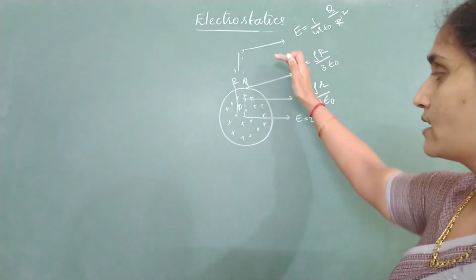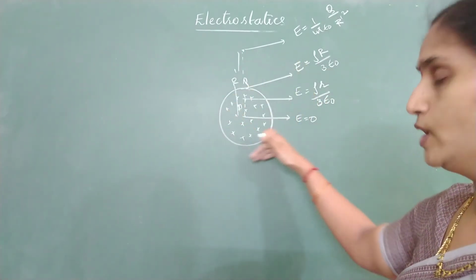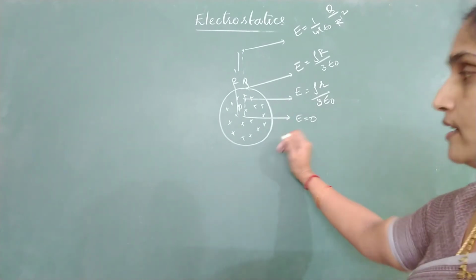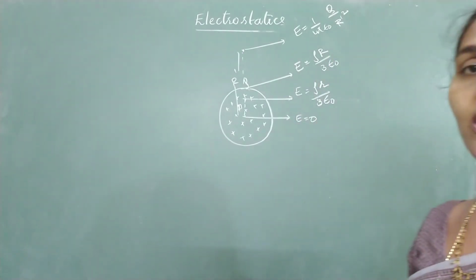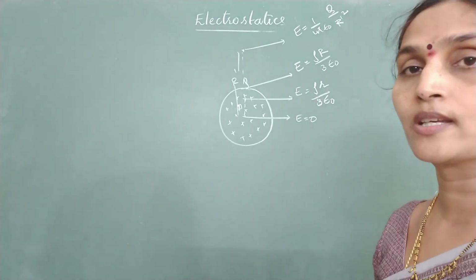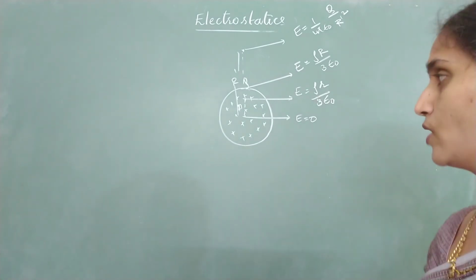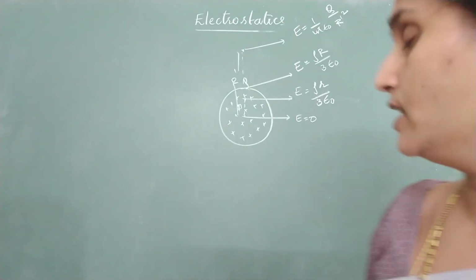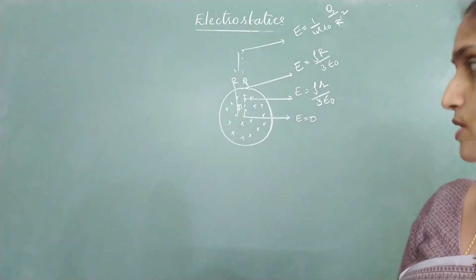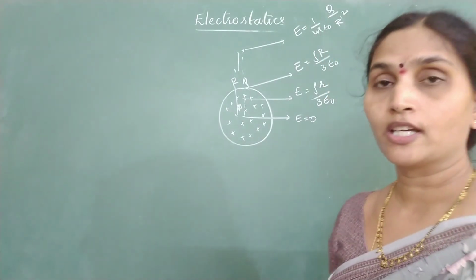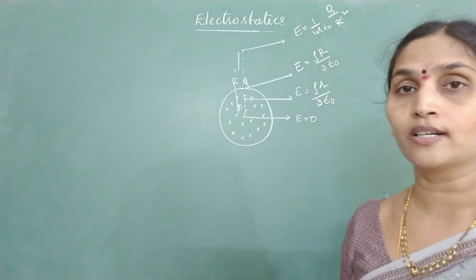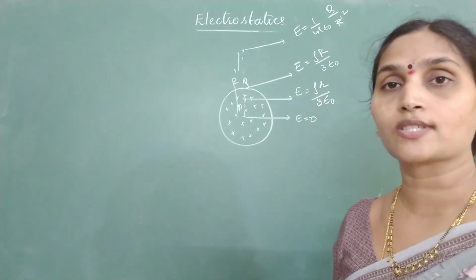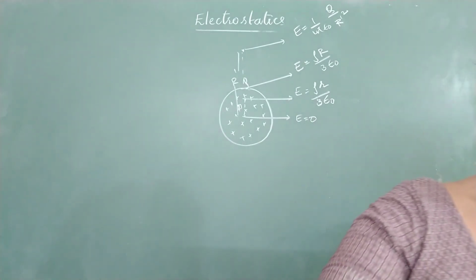So for a non-conducting sphere with volume charge distributed uniformly, these are the values of electric field which we have evaluated by using Gauss law. So Gauss law helps you in finding the electric field even for continuous charge distributions. So these are some of the points that you have to remember regarding electric field due to continuous charge distribution.